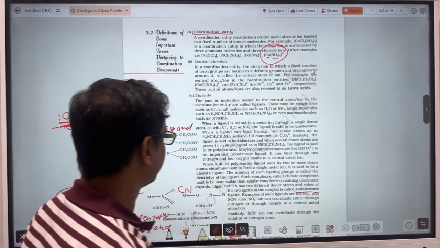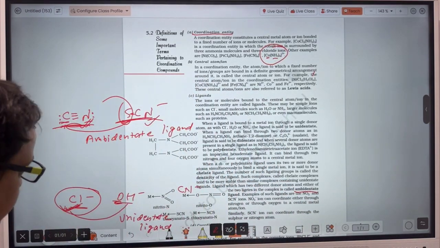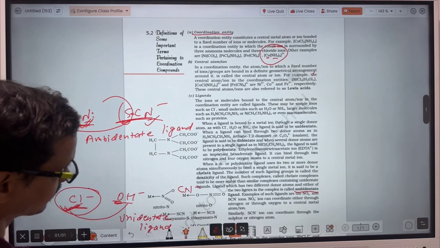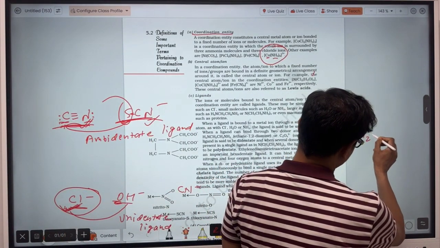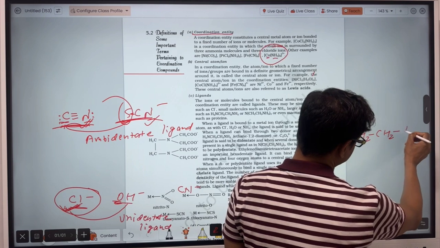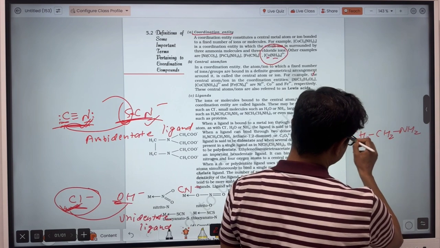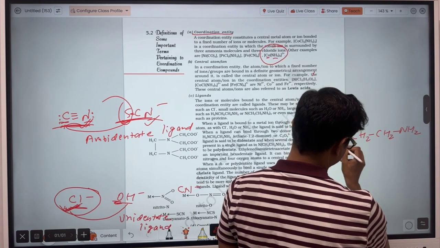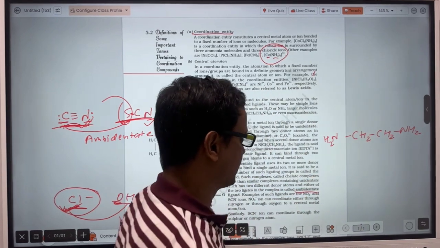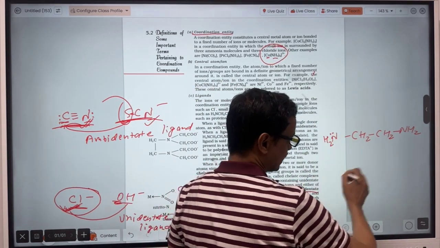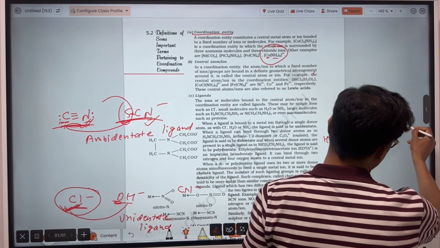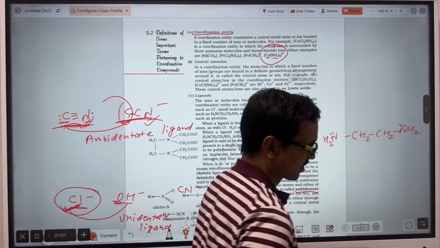Okay, next one is didentate ligand. As an example, I am taking here ethane 1,2-diamine, about which you will learn later on. Here is the structure of ethane 1,2-diamine. There is a lone pair of electrons on this nitrogen atom and a lone pair on this nitrogen atom also.